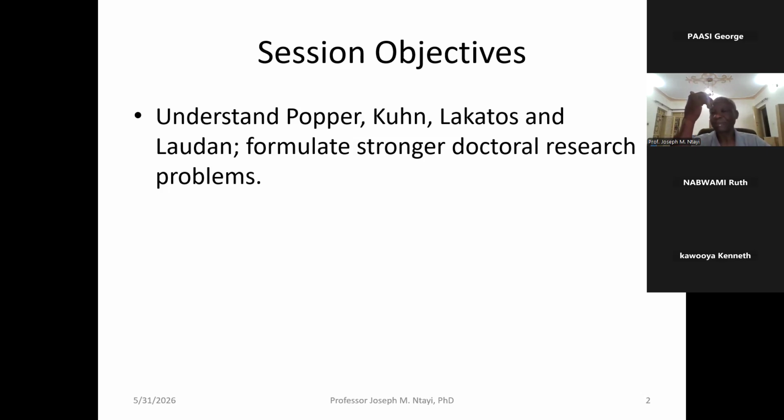So of course, this becomes very important, and that's why we have to go back to Kuhn, we have to go back to Lakatos, we have to go back to Popper, Karl Popper, and we've been discussing the works of Karl Popper.